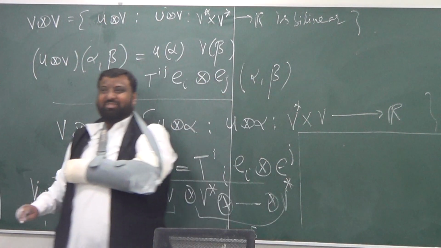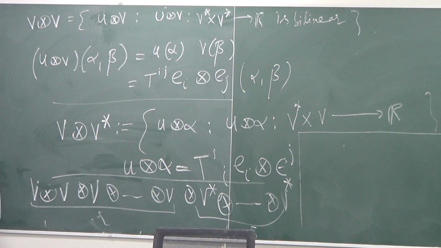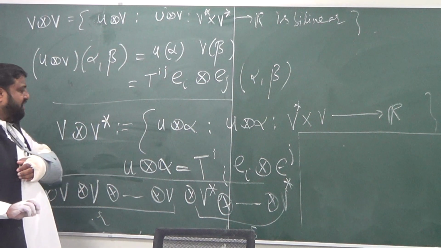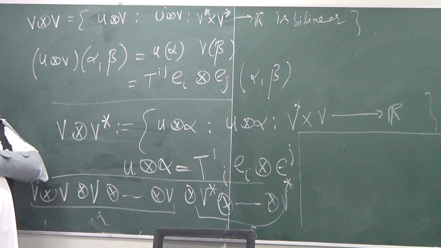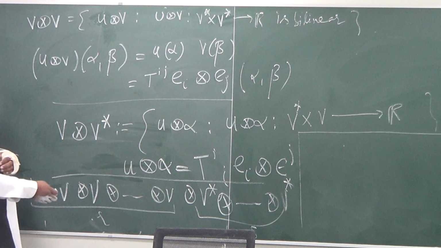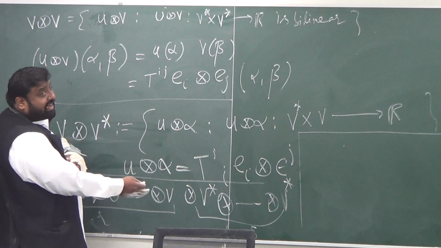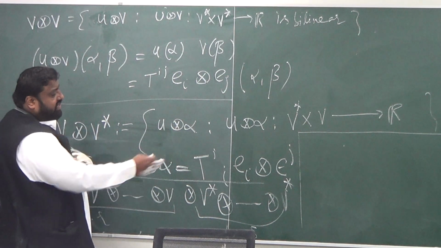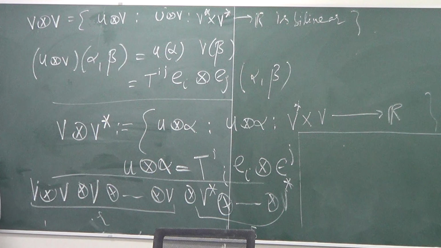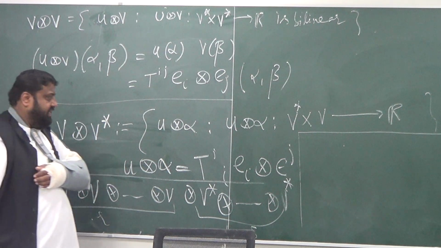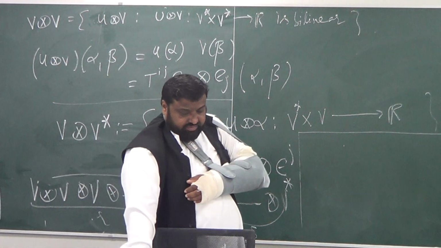I wanted you to figure it out for yourself with this definition. So how does the inhabitant of this look? It could be a map from the cross product of R copies of the dual and S copies of V, into R.